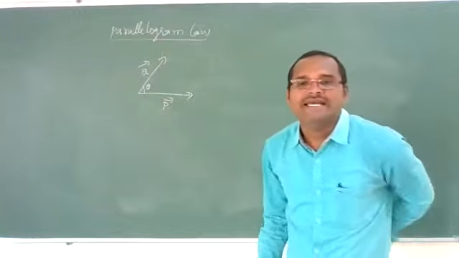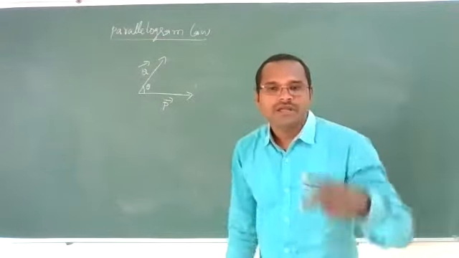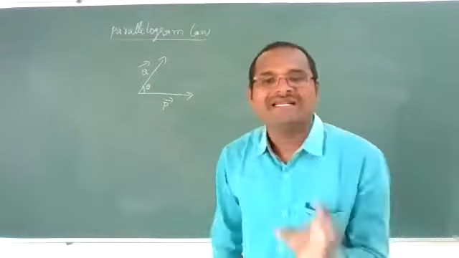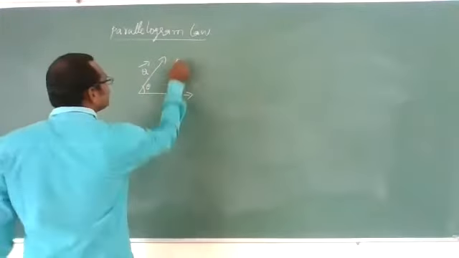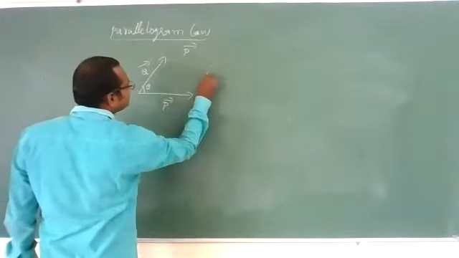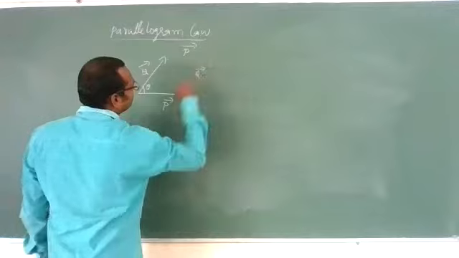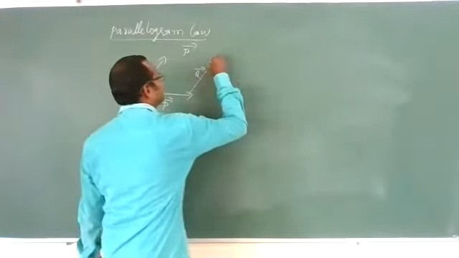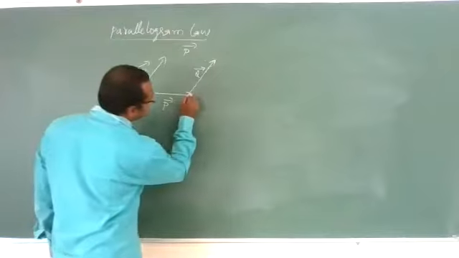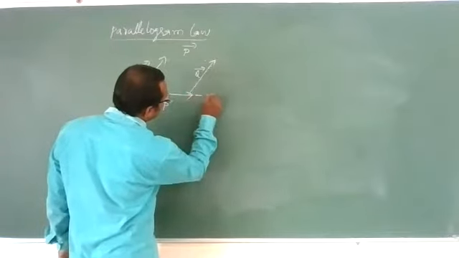And you know that in a parallelogram, two parallel sides are equal. No? Yes. That means this is also P bar and this is also Q bar. Clear na? This is the angle between these two.